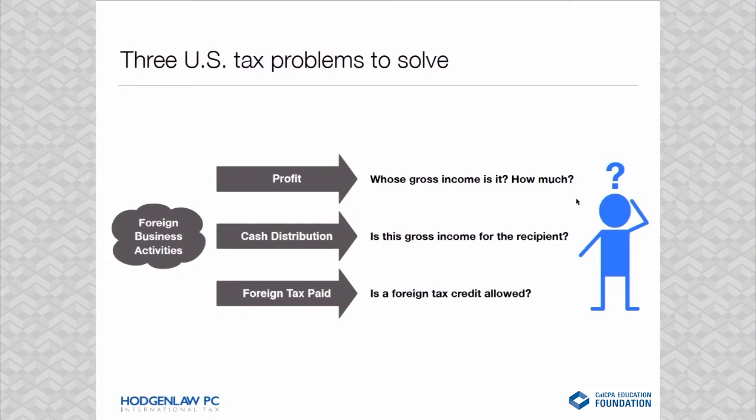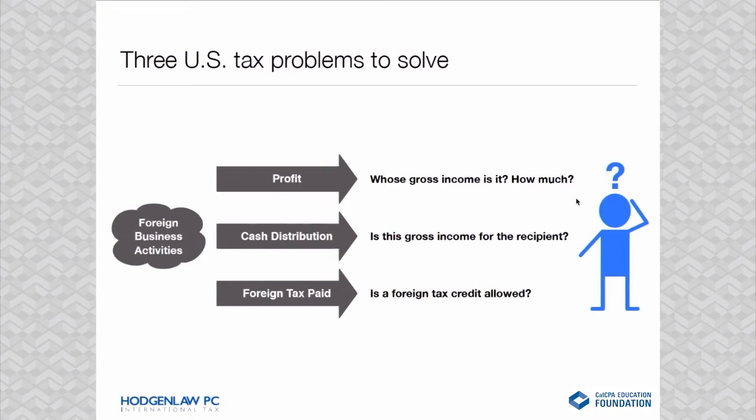We have two flow-through rules: Section 951, which is the subpart F income, and Section 951A, our new friend from the Tax Cuts and Jobs Act, which basically sucks out whatever isn't subpart F income, and generically I'm just going to refer to it as operating profit, and makes it immediately taxable to the shareholder. So profit is a problem.